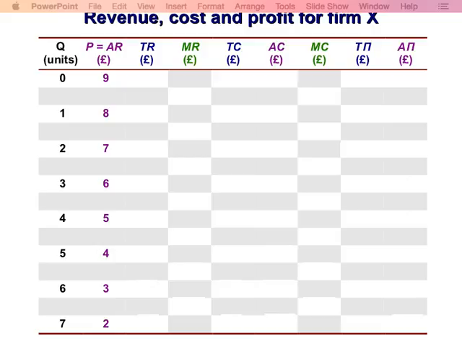And this table just calculates all the variables that you have in the heading. Just an introductory point, setting the stage. We have quantities between 0 and 7 units, at prices which are equal to average revenue. Now notice that when the quantity is 0, the price is £9.